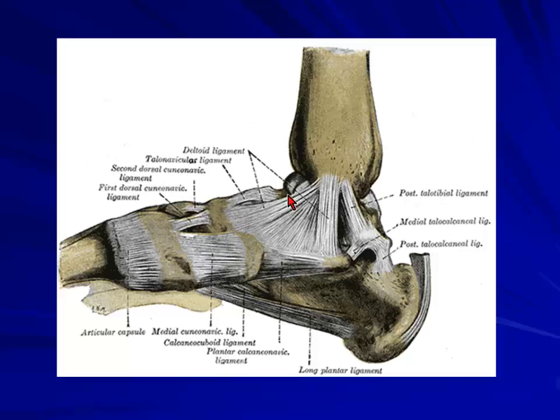This is most likely associated with sports injury or twisting, inversion injuries, especially if you are skiing or playing football. You can injure this and you will not have any fracture, but you have severe tenderness, unable to stand or bear weight.